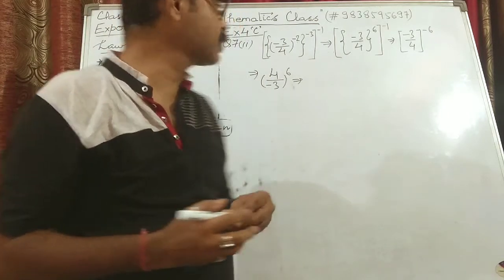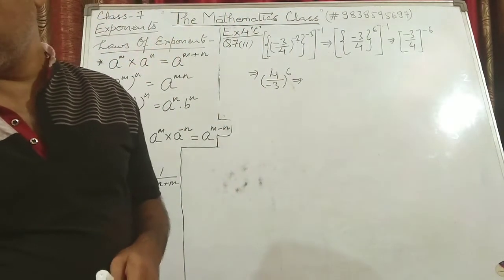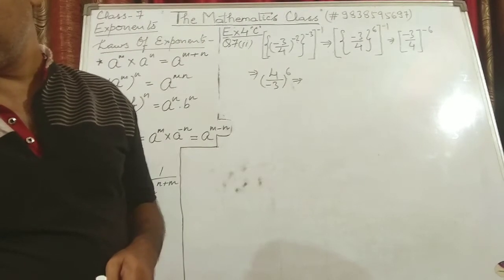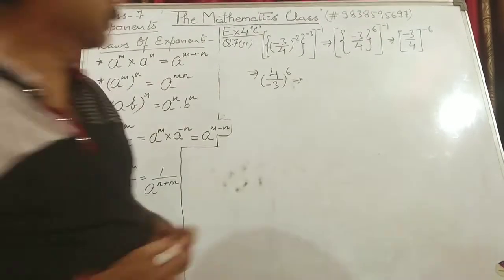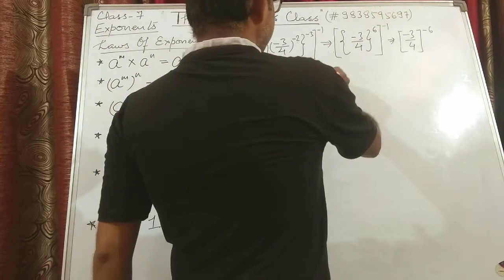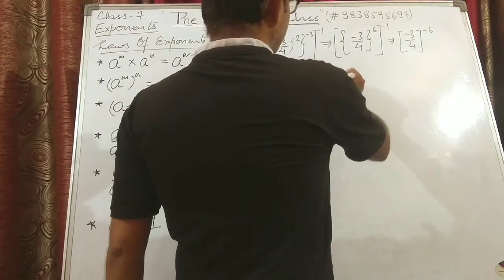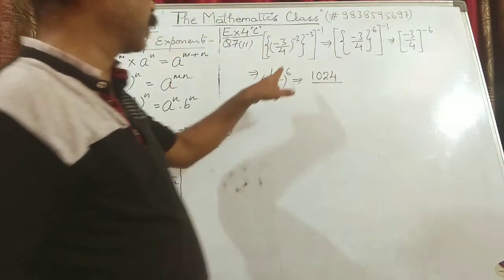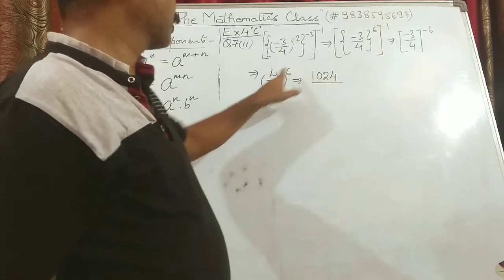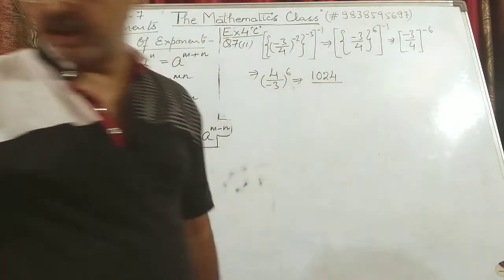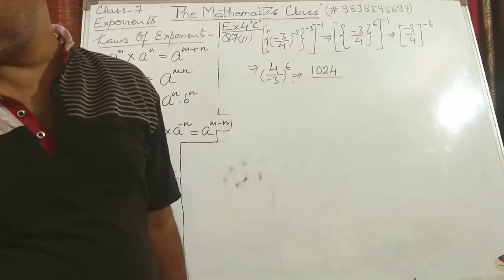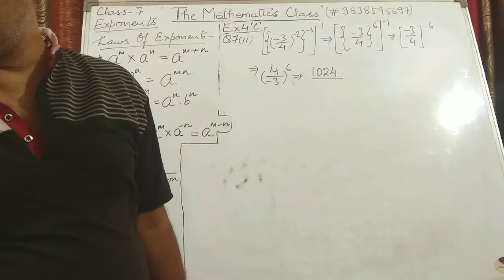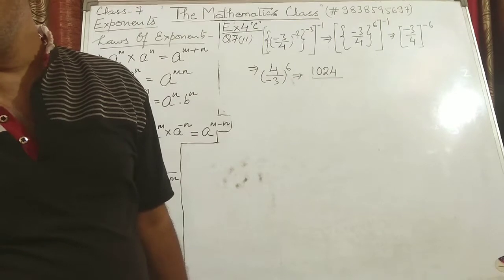Now to simplify, you have to multiply 4 how many times? 6 times. So it will become 4096 upon, and the minus sign will be positive because it is an even power. Now 3 into 3 into 3 into 3 into 3 into 3.